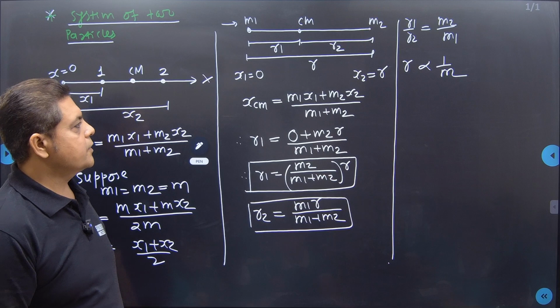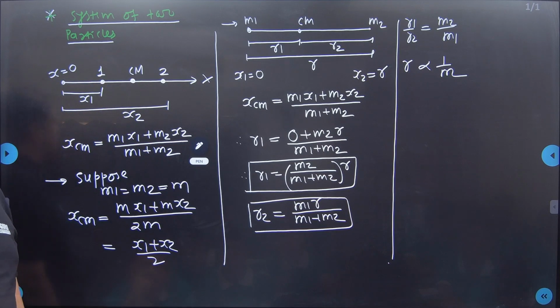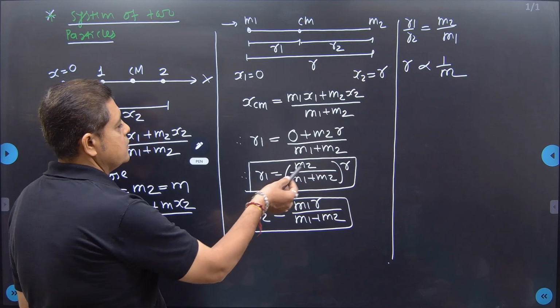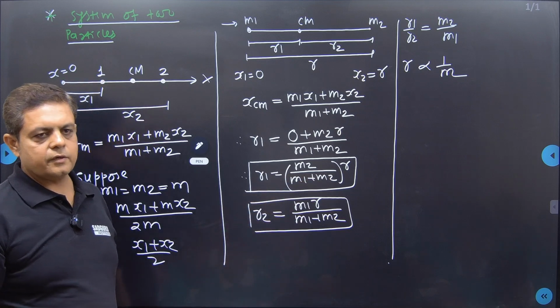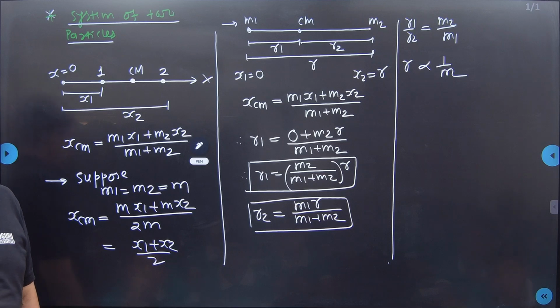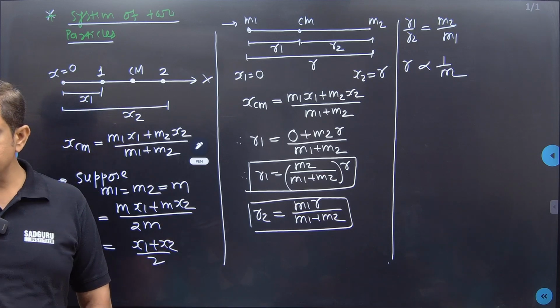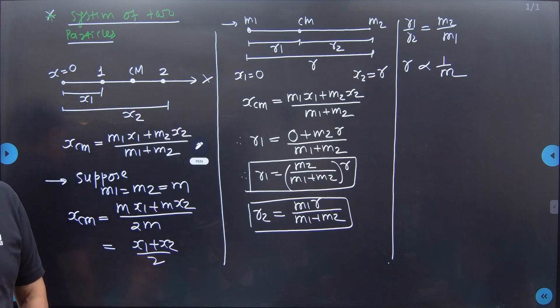This is very important, and it's about the center of mass of a system of two particles. Clear? In any question, generally m1, m2 and r are given, so you can directly calculate the distance of the particle from the center of mass using this formula. Clear?